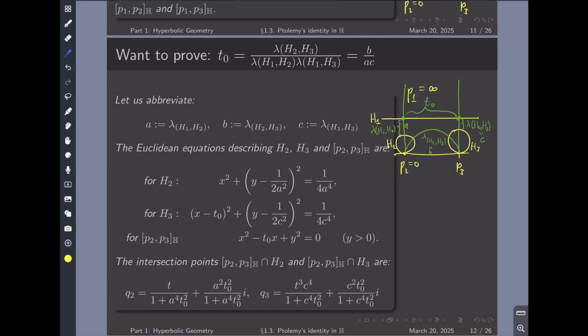You have to prove that the coordinate of this one is 1 over 2a squared, given that this is the exponential of whatever.